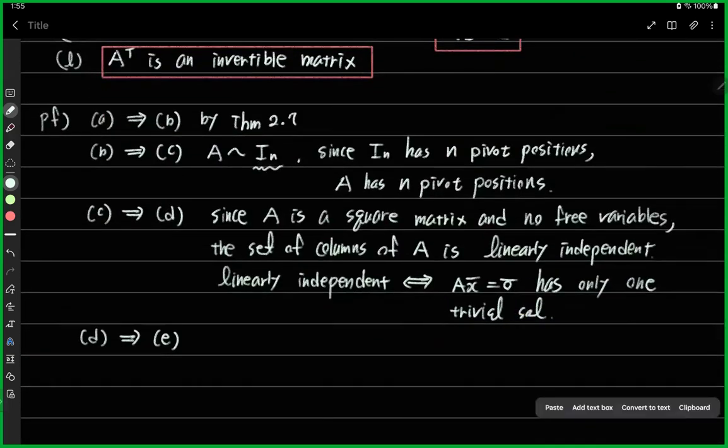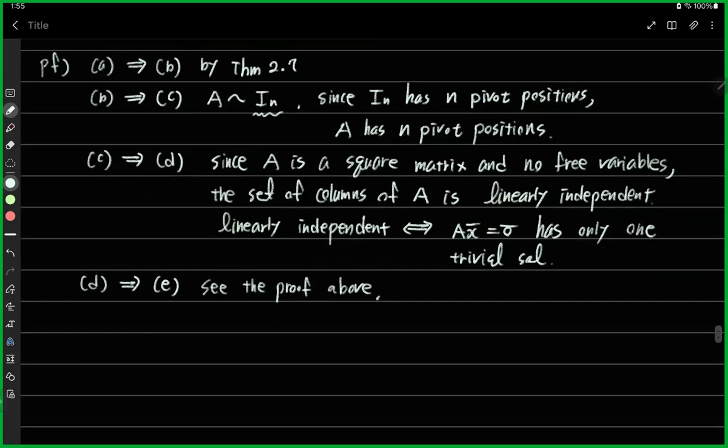I just showed that the columns of matrix A are linearly independent, so let me skip it. See the proof above.